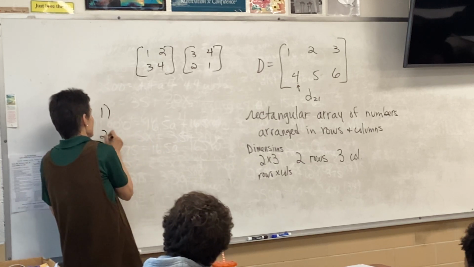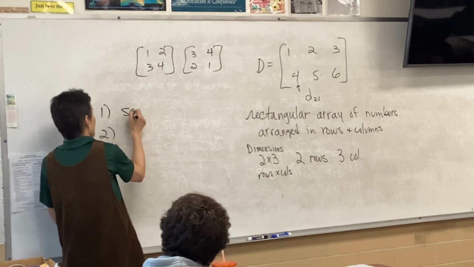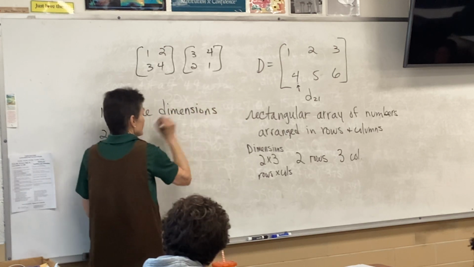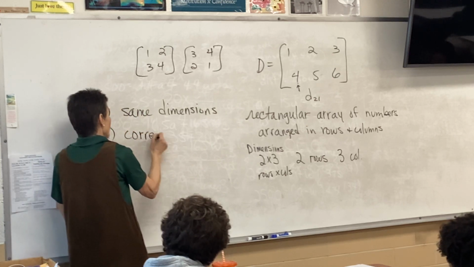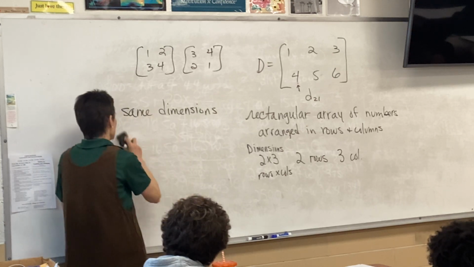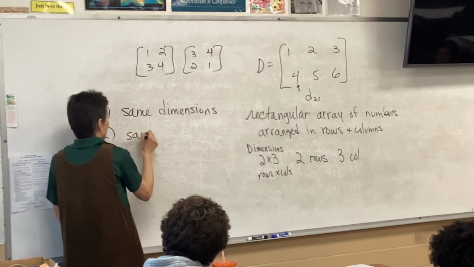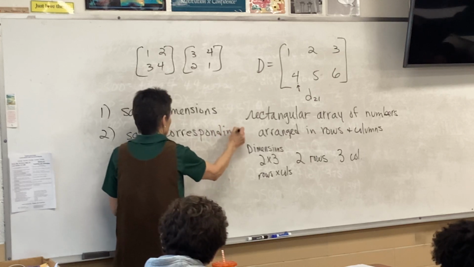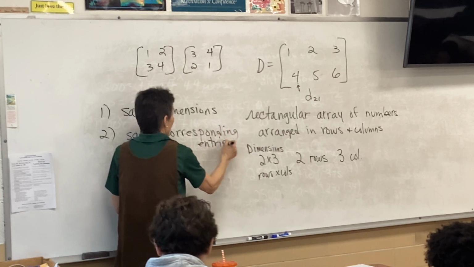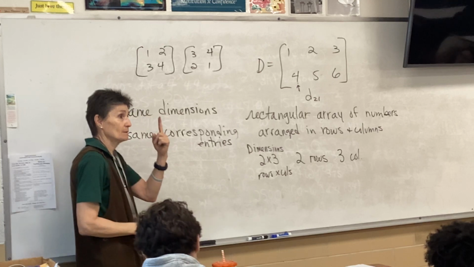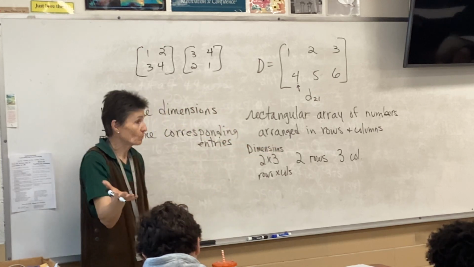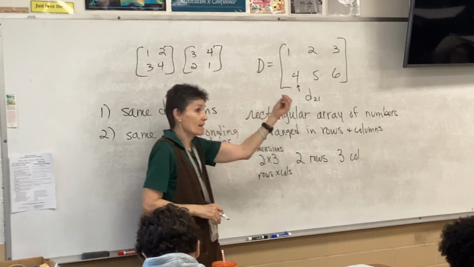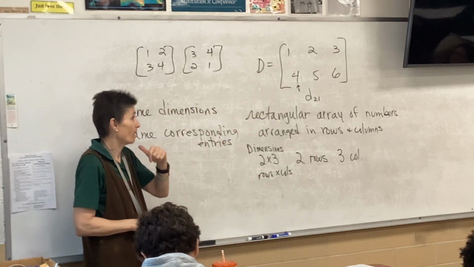So equal matrices, 2 rules. First of all, they have to have the same dimensions. If they're not the same size, they can't be equal. And then they have to have the same corresponding entries. Whatever's in the 1-1 spot in matrix A has to be in the 1-1 spot in B if they're going to be equal. Corresponding entries, same spot, same number, same spot.